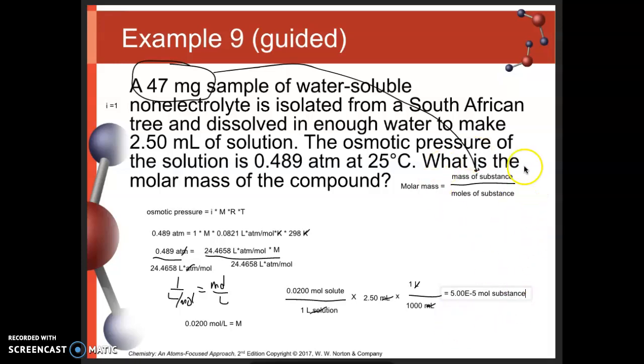Now we come back to the idea of molar mass. I've got 47 milligrams, so molar mass is equal to 47 divided by 1,000, which is 0.047 grams of substance divided by 5.00 times 10 to the negative fifth moles of substance.